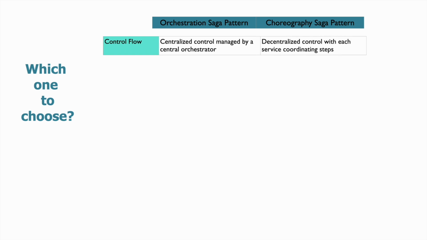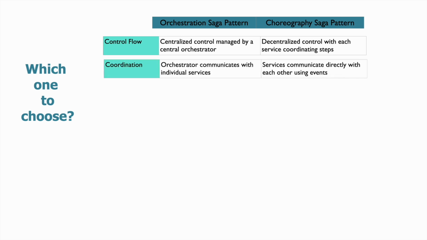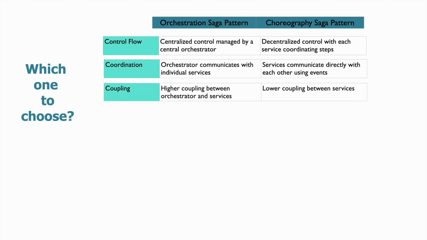The differences between these two: like the control flow, in the orchestration pattern there's centralized control maintained by an orchestrator. In choreography, it's decentralized. Coordination happens via the orchestrator. In choreography, services communicate directly using events. There is high coupling in the orchestration pattern.